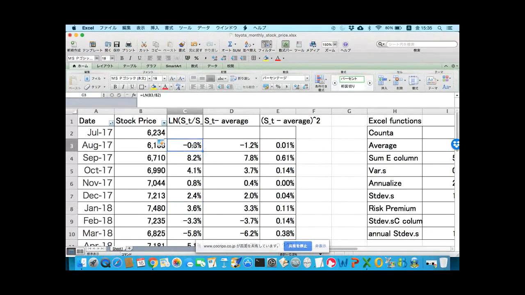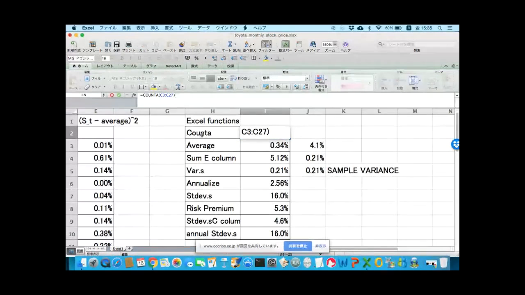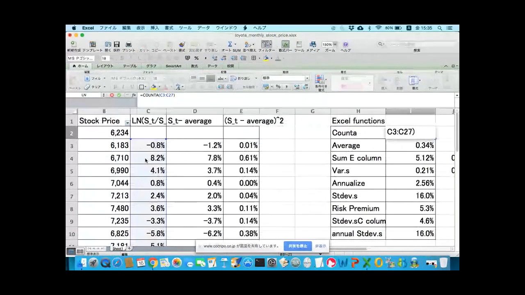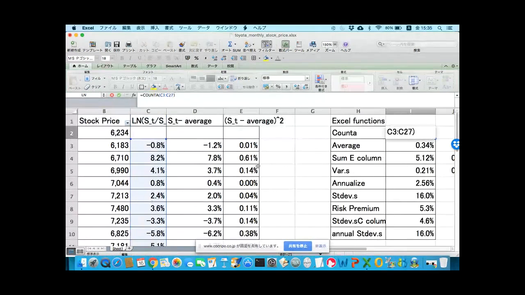So we get 25 samples of growth rate, from C3 to C27, right? C27 right here.